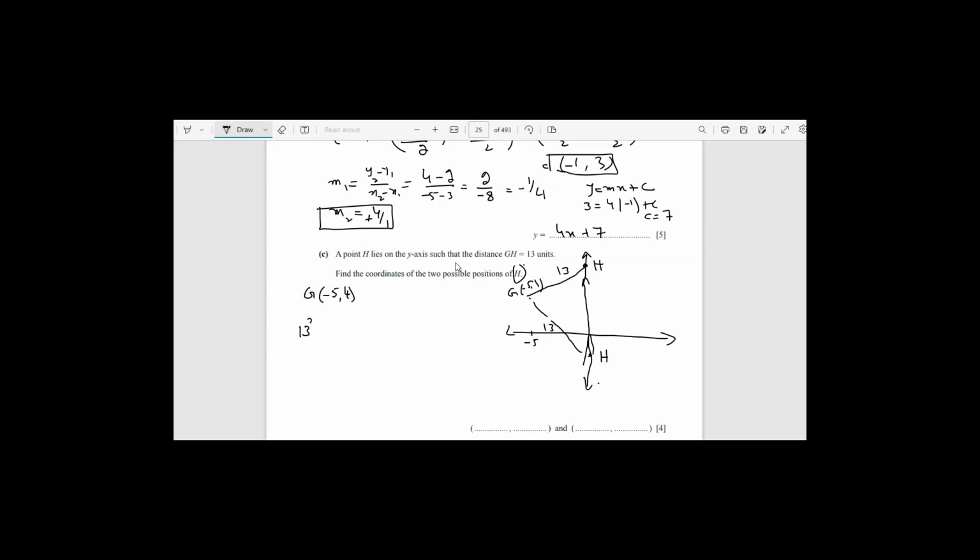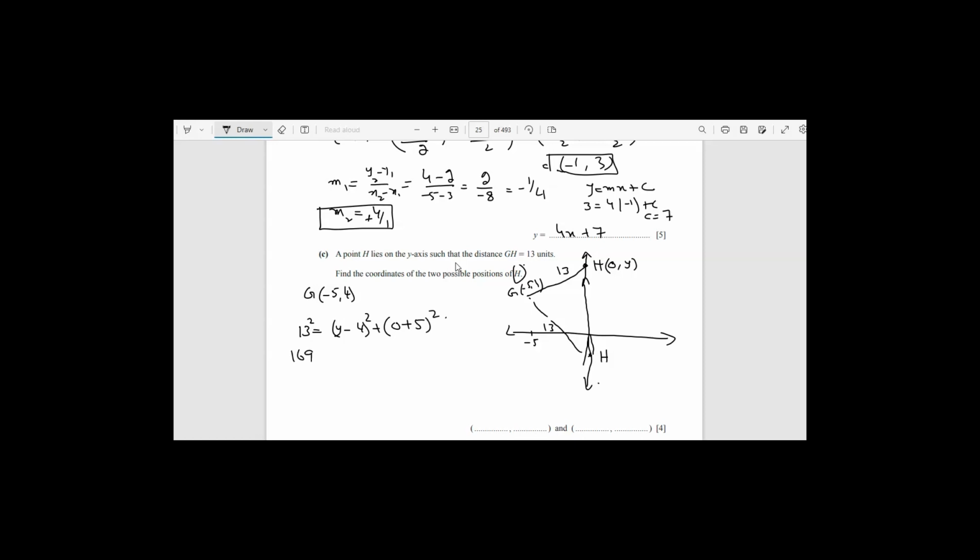So we'll take 13 square and apply the distance formula. Since H lies on the y-axis, the first coordinate should be 0. The second coordinate we don't know, so we call it y. So we'll apply the distance formula, that is y2 minus y1 square plus x2 minus x1, so it will become plus 5.